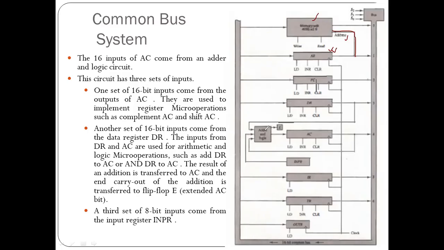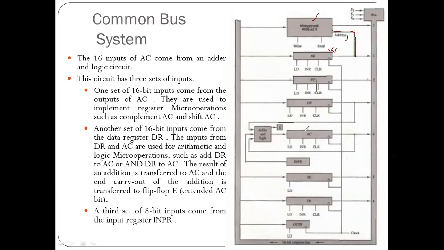The 16 inputs come from the outputs of the accumulator, if your operation is on the accumulator itself, like shift accumulator, increment accumulator, or clear accumulator. Then the 16 inputs coming from the accumulator are copied back to the accumulator.